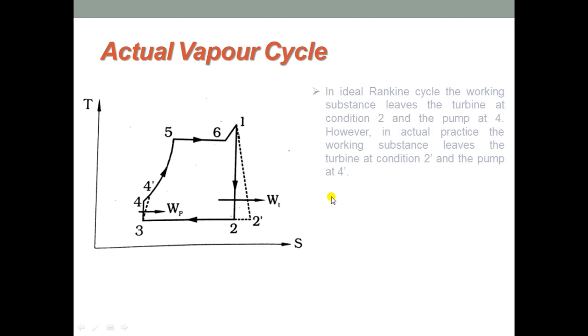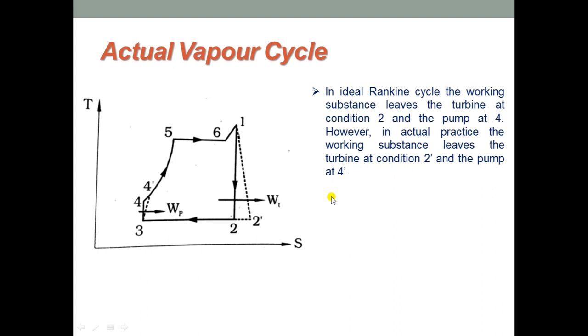The actual vapor power cycle is different from ideal Rankine cycle due to inherent irreversibility. It is impossible to design pumps and turbines operating under reversible adiabatic conditions, because a portion of work developed is utilized to overcome friction between working fluid and walls and between molecules of fluid itself.